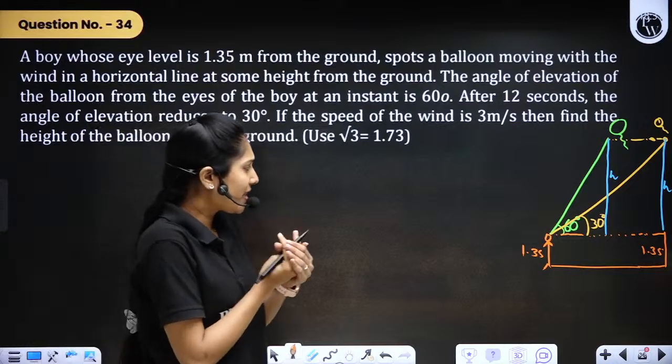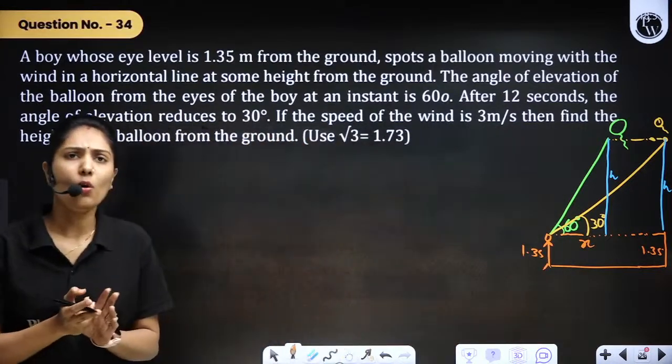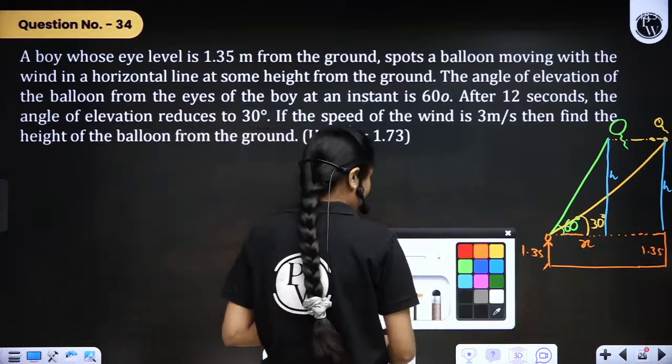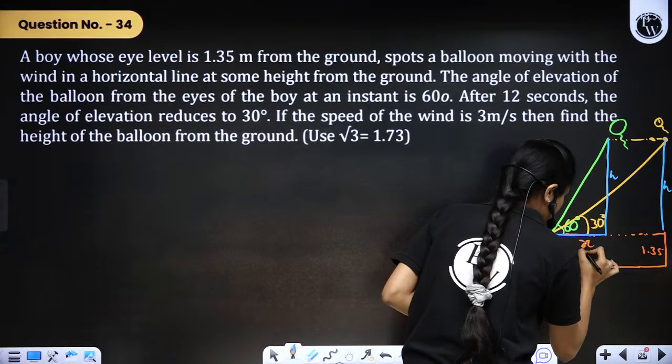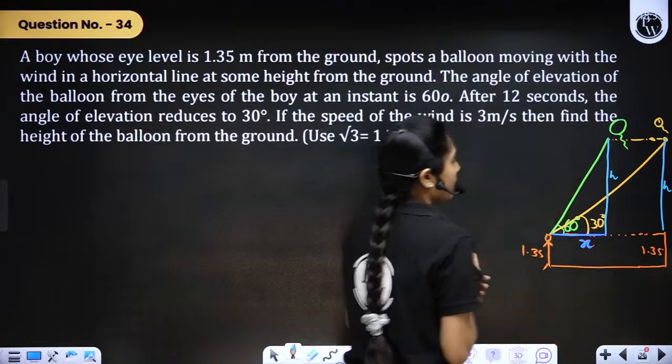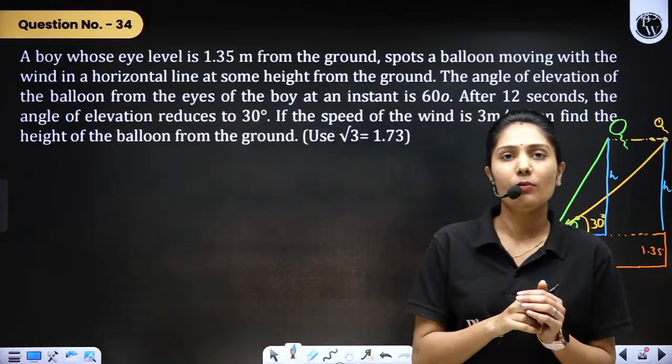So let's consider this particular small distance as x, let's say. So we can use the tan formula here.